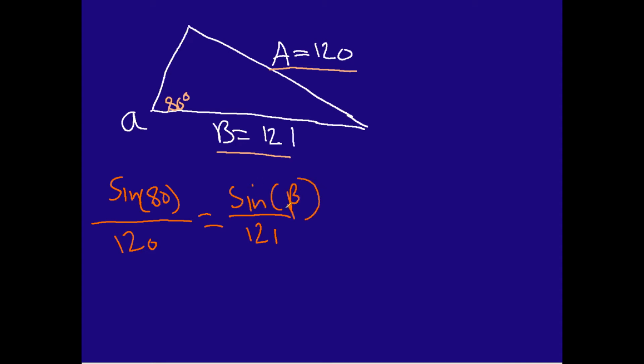It's really simple. The first thing you do is multiply both sides by 121. You've seen this before. So now I have 121 times sine of 80 over 120 equals sine of beta.